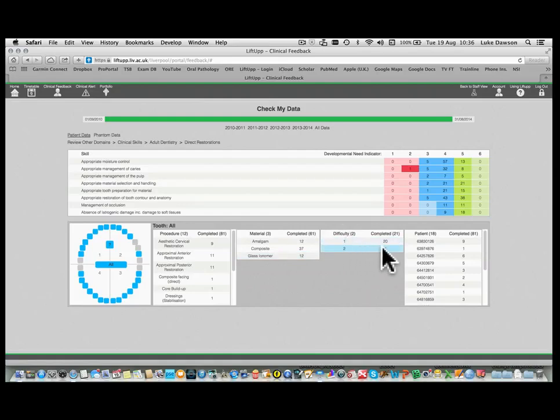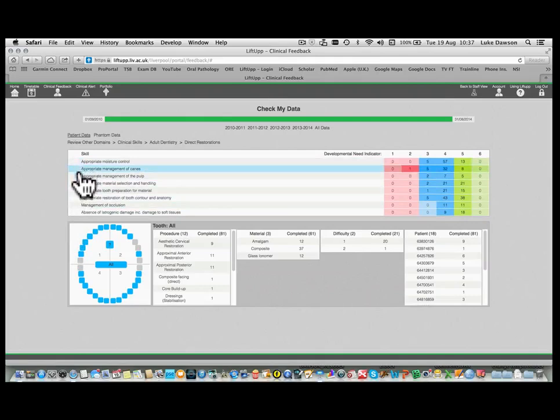The reason there's only one here is because this was something we developed quite recently. And here is the patient demographic. So we can see that this student has done at this stage 81 different fillings, or 81 procedures on 18 different patients. So from an experience point of view, you can make quite good decisions on whether the experience is good enough.